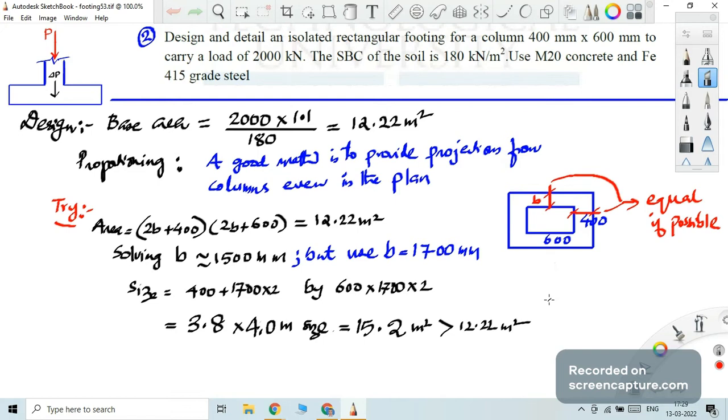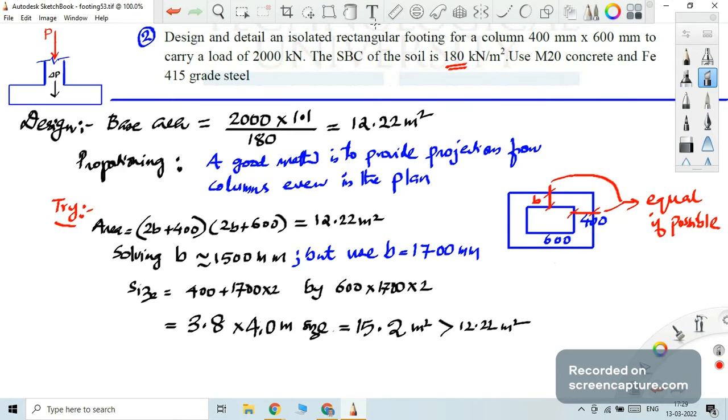Now coming on to this problem, our base area is, see what is the column loading, 2000 kilonewton, then 10% for self weight of the footing and backfill, that divided by bearing capacity. Here see the bearing capacity is very low, it is only 180 kilonewton per square meter. That's a very low case. So obviously, since the bearing capacity is very low, only 180, you can expect a large footing dimension.